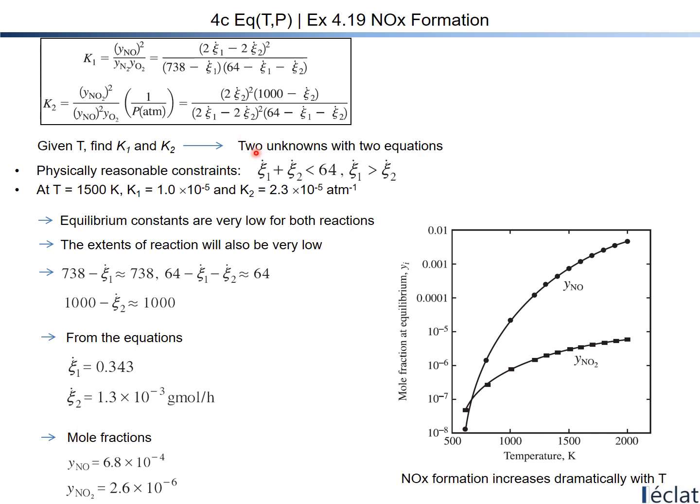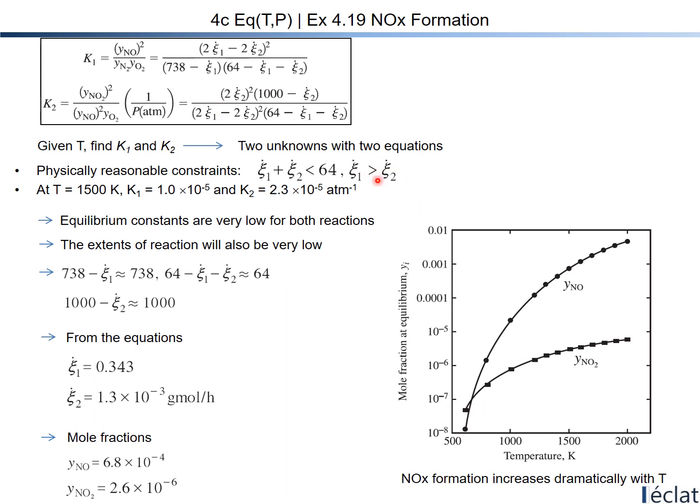For example, Xi1 plus Xi2 cannot exceed 64. If this value is larger than 64, the mole fraction is calculated to be negative. The other thing is that Xi2 should be less than Xi1, also due to the restriction on the mole fraction.